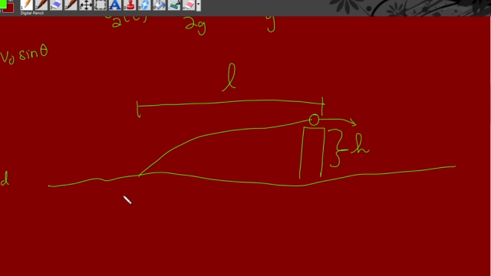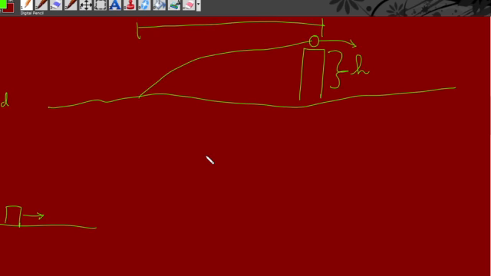That is a good question. Okay, so what initial speed is required? First let's look at the kinematic equations, obviously.